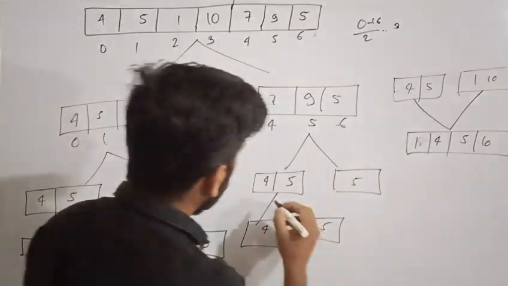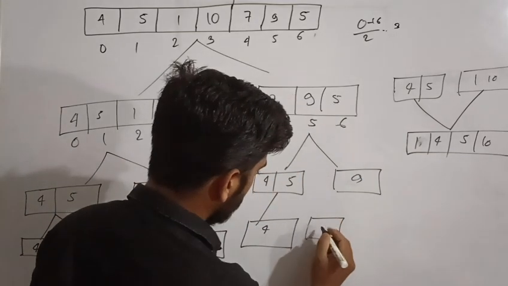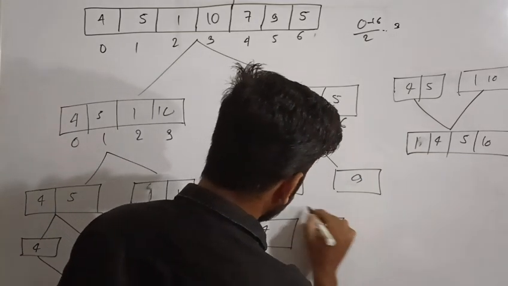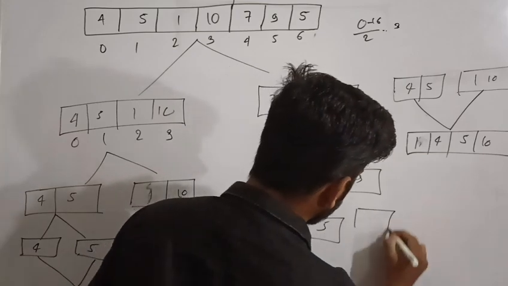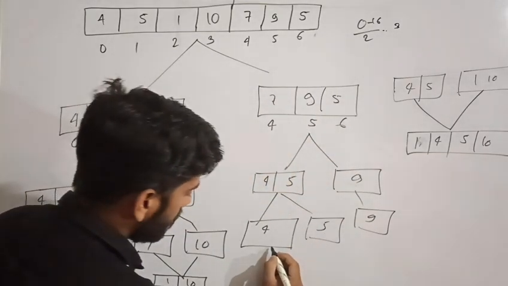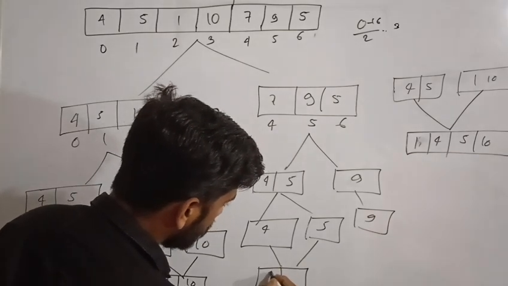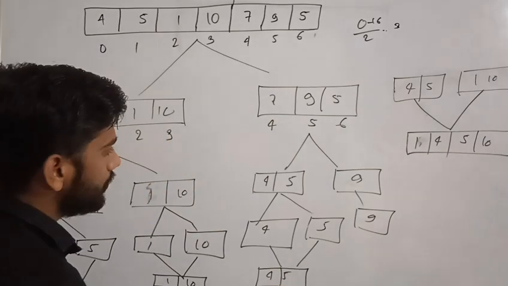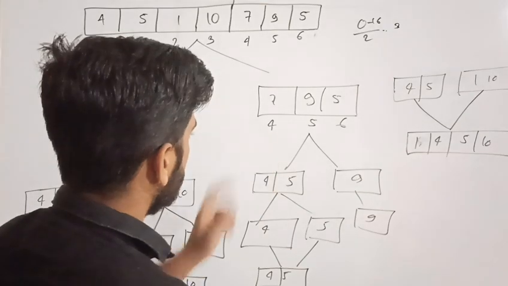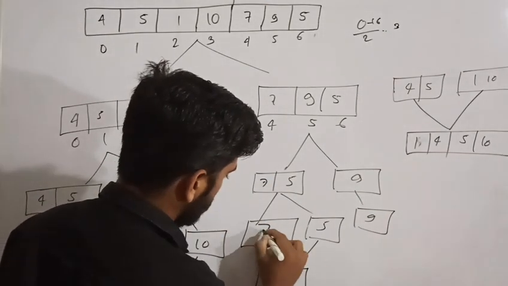Again, this should be 5, and it's 9. Now this will merge, and there is a 7, that was this 7.